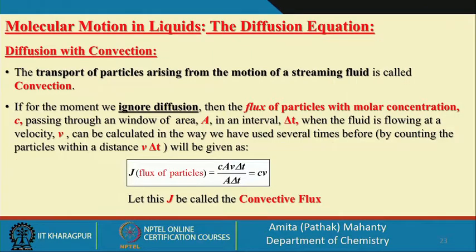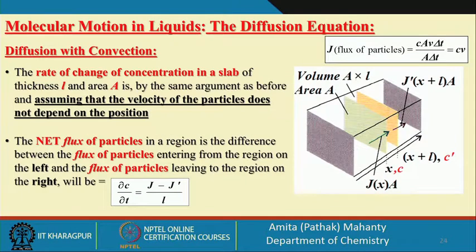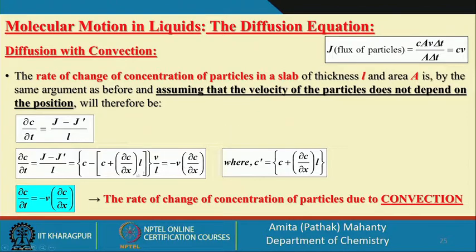Then what we have evaluated is the diffusion through convection currents, and for this convection current we found that the rate of change of concentration of the particles is going to be equal to minus V, where V is the velocity of the particles in the medium, into the change of concentration with x.